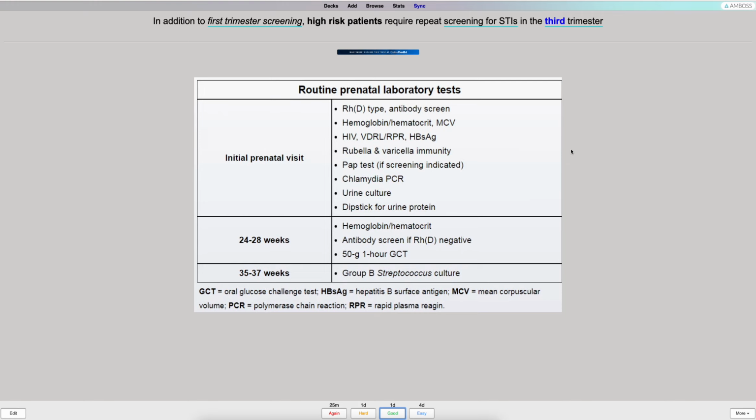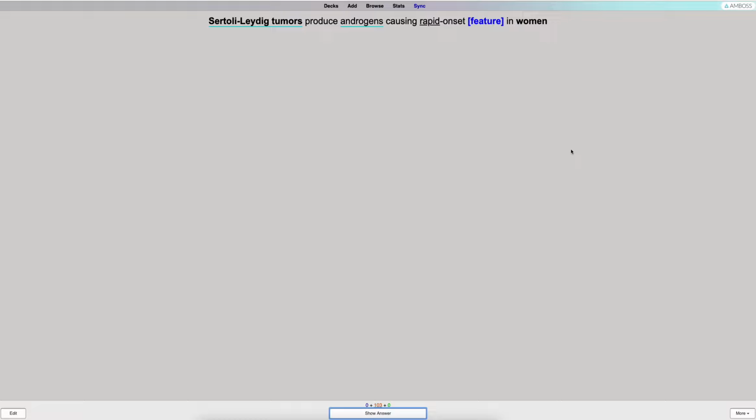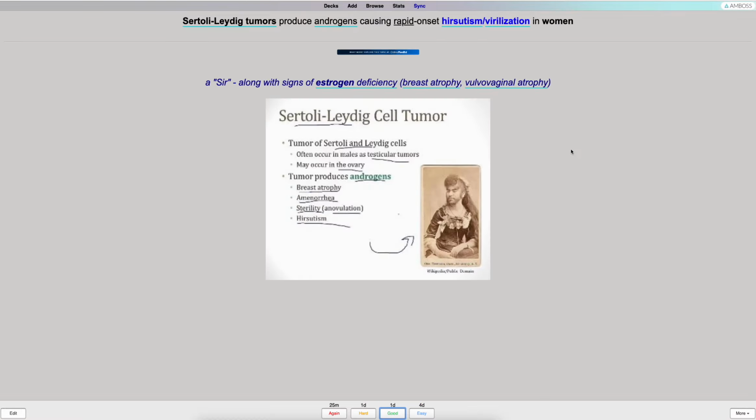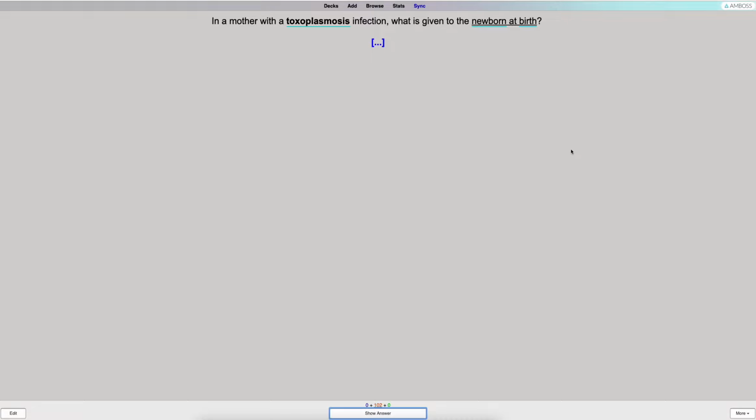STI screening is required in the third trimester. Sertoli-Leydig cell tumors produce androgens, causing rapid onset hirsutism and masculinization. Remember that toxoplasmosis infection can be given to the newborn at birth.